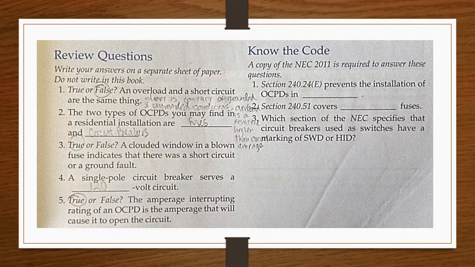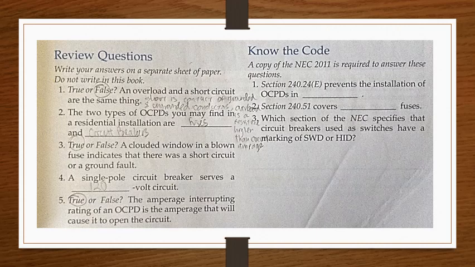However, it is not the only rating that will cause it to open. A much lower rating will cause it to open, and that is the normal rating of the circuit, which could be 15 amp, 20 amp, 30 amp, 40 amp. The interrupting rating of the OCPD is the maximum amount of amps or amperage that the fuse or circuit breaker will physically be able to open.